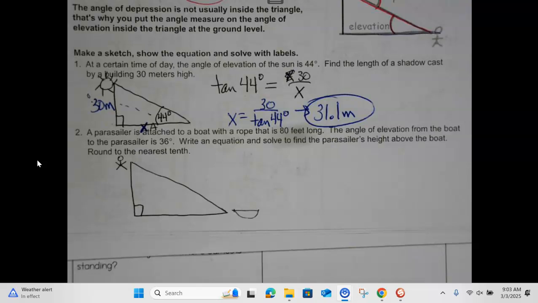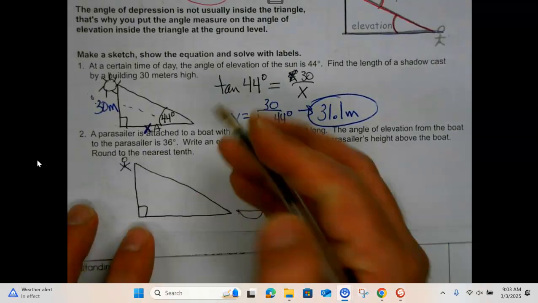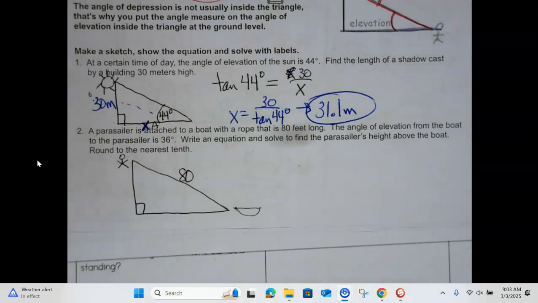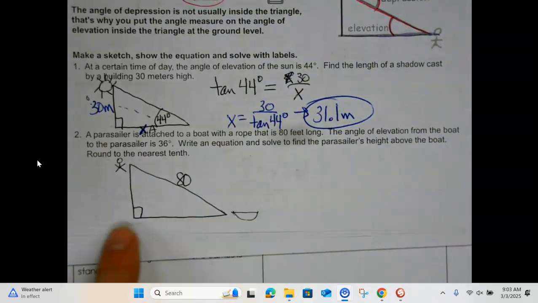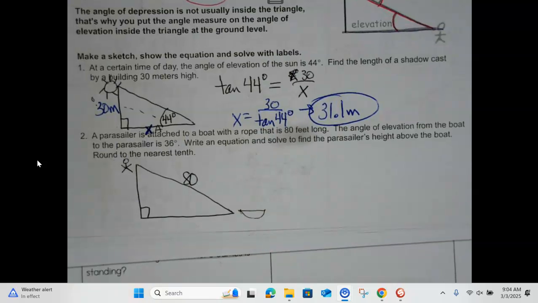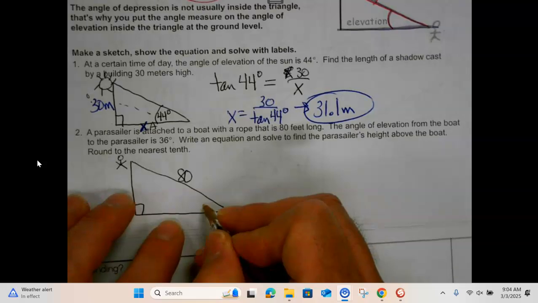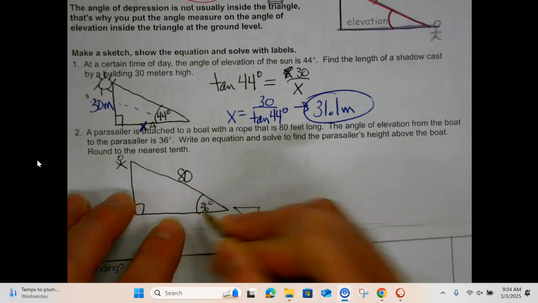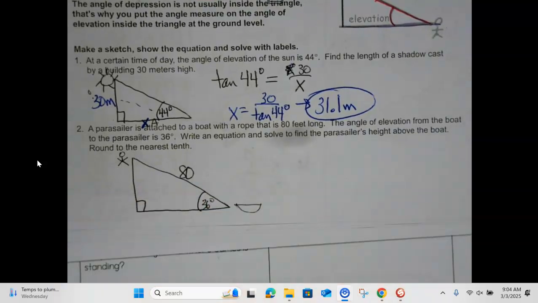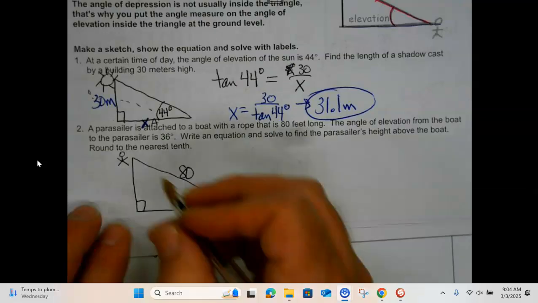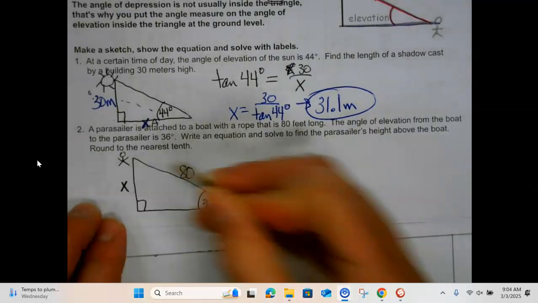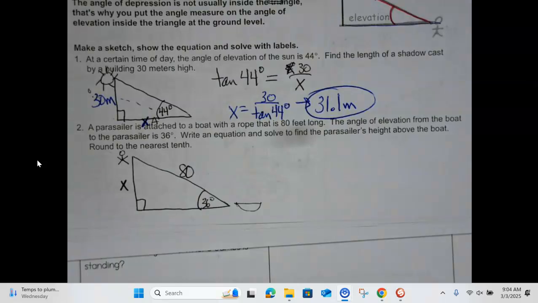The rope is 80 feet long from the boat to the parasailer. We don't want it down here; if the 80 is down here, the parasailer's in the water. It's water skiing. The angle of elevation from the boat to the parasailer is 36 degrees. Find the parasailer's height above the boat.